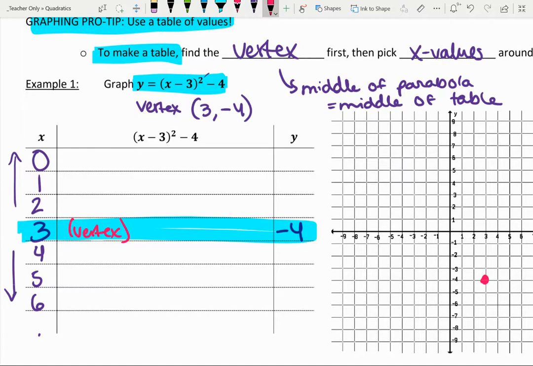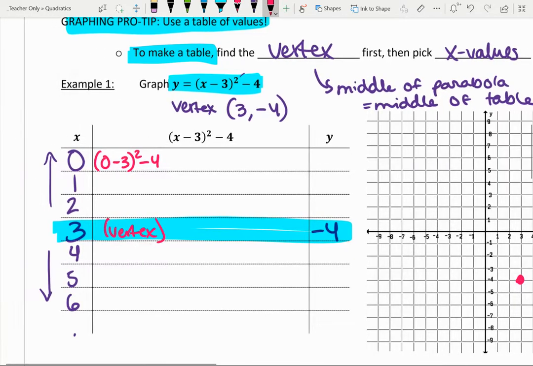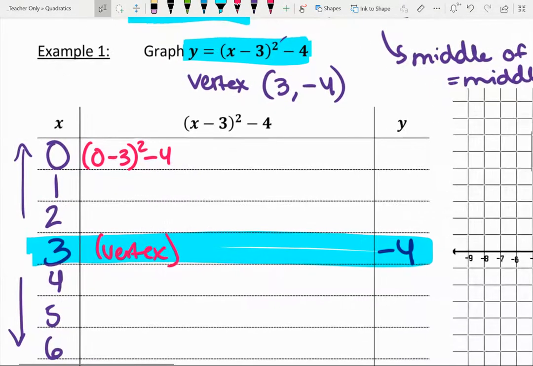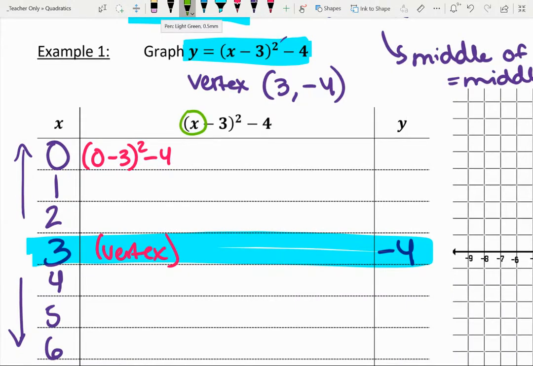So if x is 0, I'm going to replace the x in my equation, that's the power of 2, with 0. All I did was take this x value and replace it with this x value here. Order of operations says parentheses first: 0 minus 3 is -3, squared, minus 4.